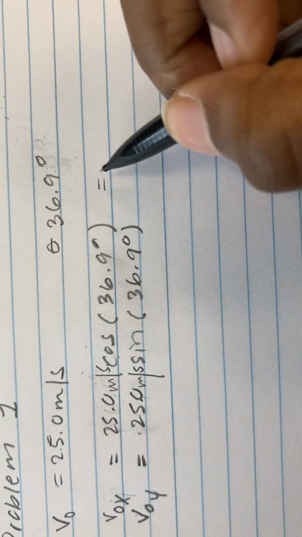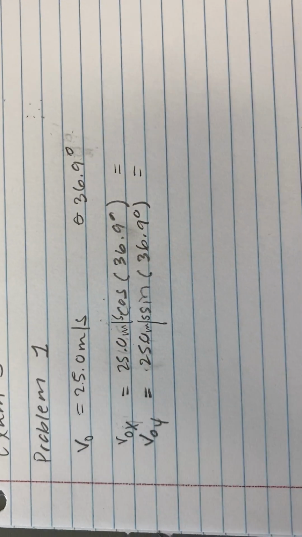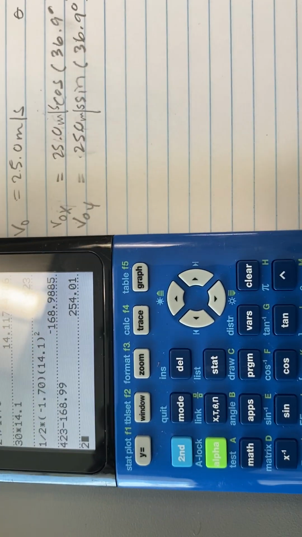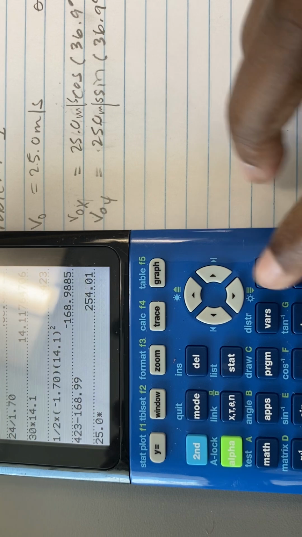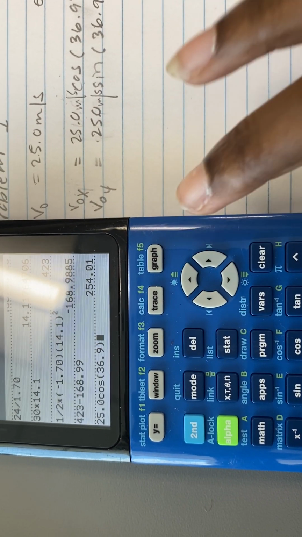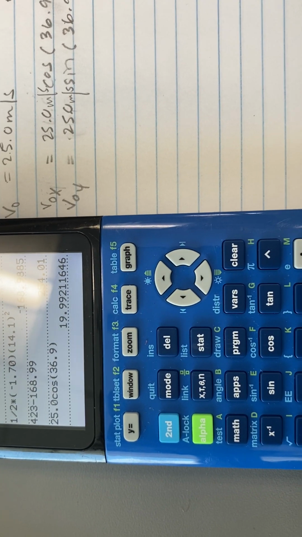So this is equal to, get my calculator. You do 25.0 times cosine of 36.9, equal to 19.99 meters per second.